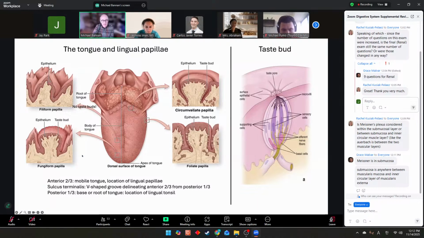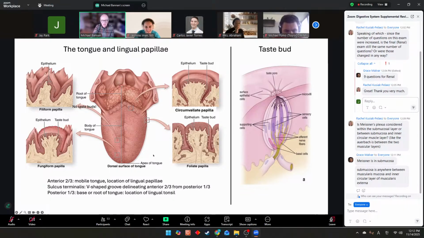The sulcus terminalis is this V-shaped groove at the two-thirds to one-third boundary zone and separates the anterior two-thirds, or oral tongue, from the posterior third, which we also call the base or the root of the tongue. And this is where we have one of our tonsils, our lymphoepithelial organs. This is the location of the lingual tonsil.